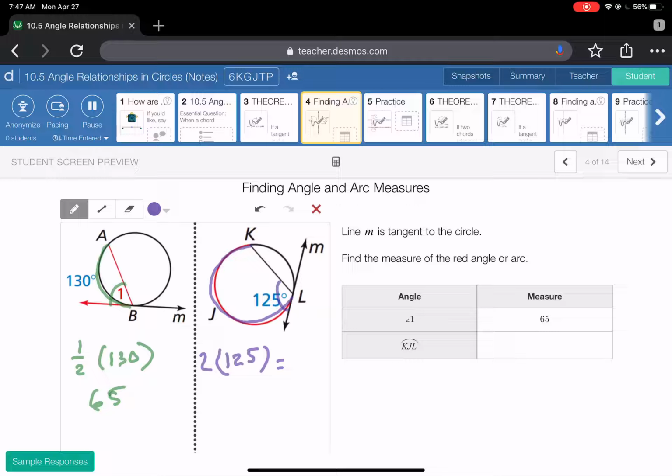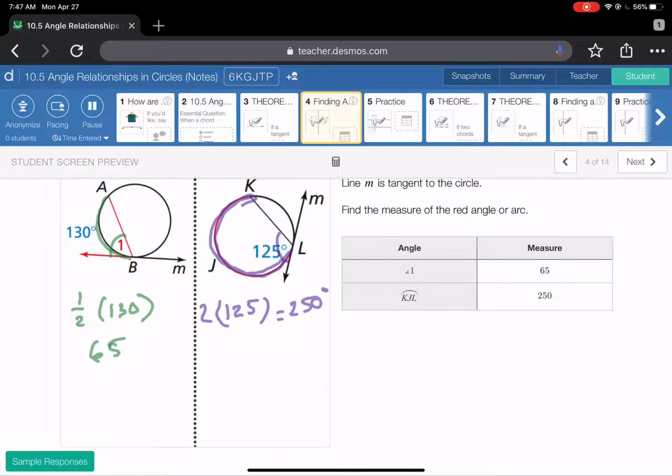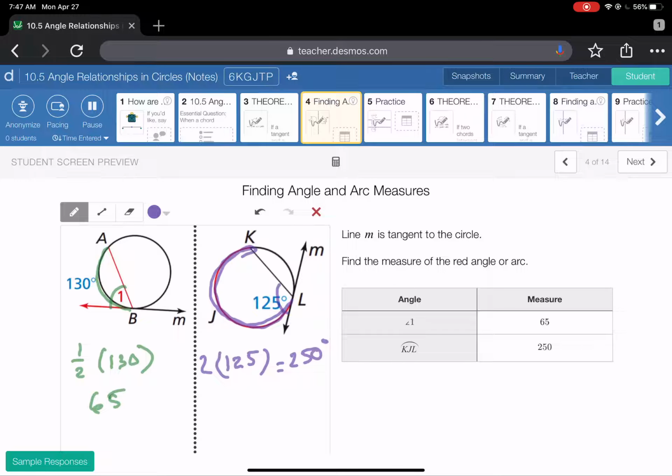So the measure of the arc is actually 250 degrees. And that is how you find the measure of an angle or an arc when we have a tangent intercepting a chord.